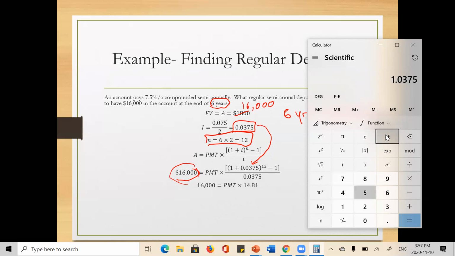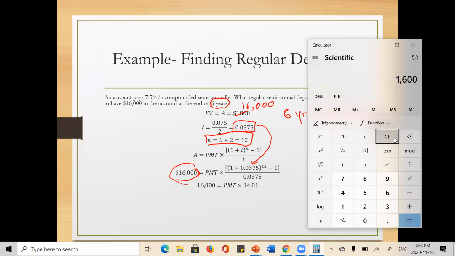Let me just try it again. For some reason, it's not remembering the numbers correctly, because that's definitely not the correct number. I apologize, guys. I got a new computer, so it's been a little tricky getting used to everything here. So I'm going to store this in my memory. Store it, add memory, and I will erase this now.